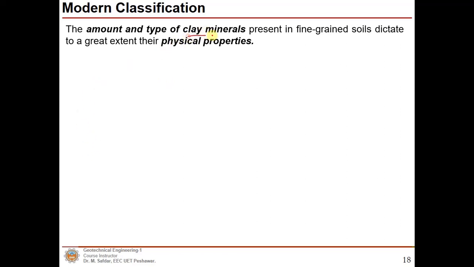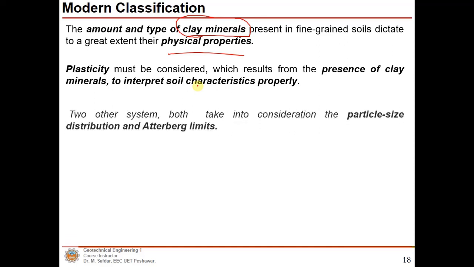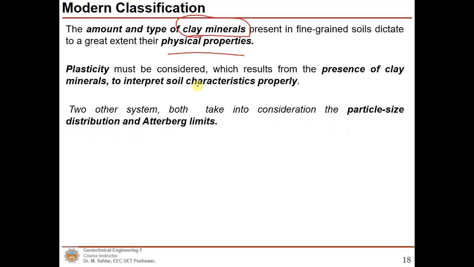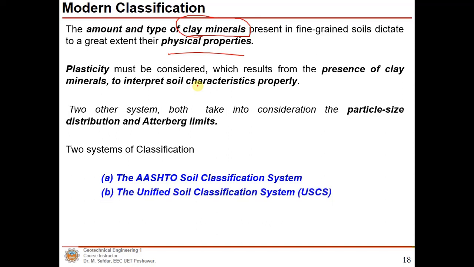For example, different types of clay minerals like kaolinite, illite, and montmorillonite will give different strength properties, different settlement properties, and even different permeability properties to the soil. Plasticity, which results from the presence of clay minerals, must be considered to interpret soil characteristics properly. So PI should be found out. Two systems take into consideration both the particle size distribution and Atterberg limits. These two systems are AASHTO and the unified soil classification system.